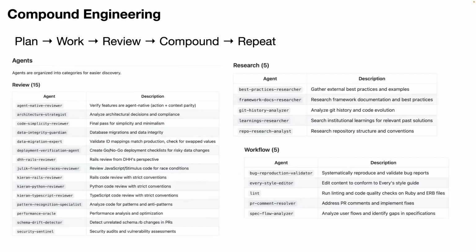So when you ask it to code something, the plugin will divide your work into smaller pieces and assign a specialized agent for every piece.